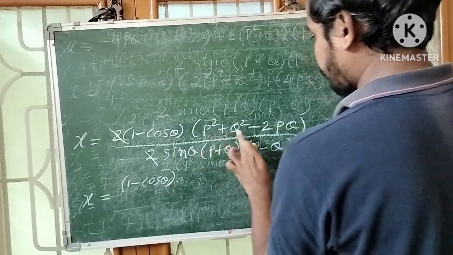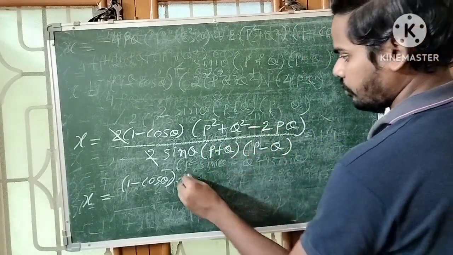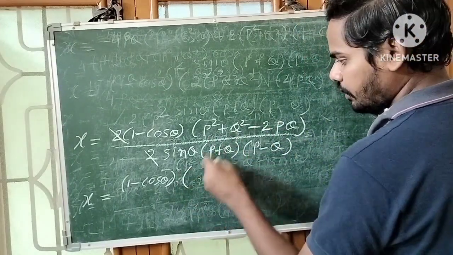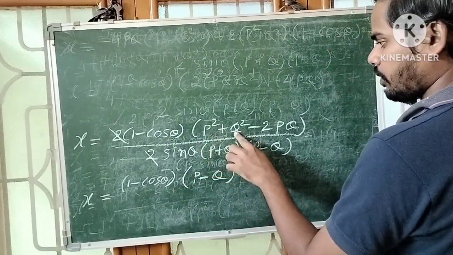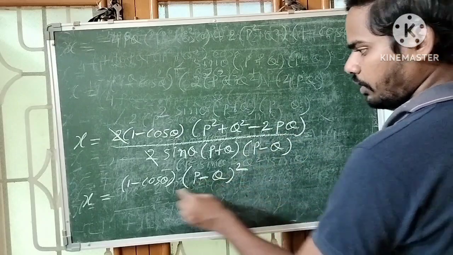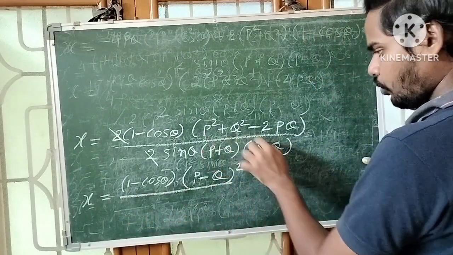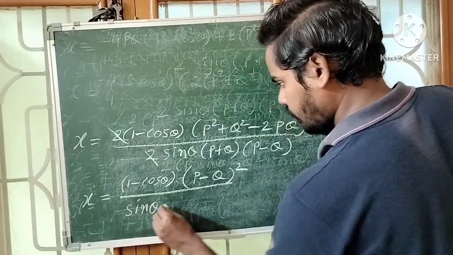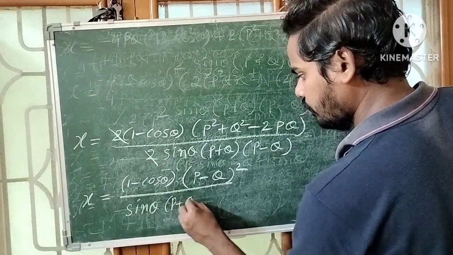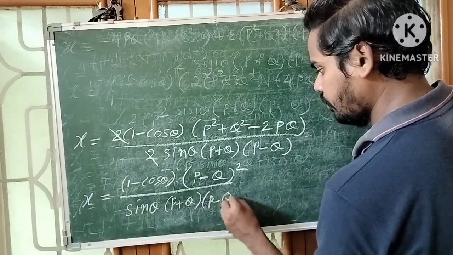into a squared plus b squared minus 2ab. So a minus b whole square identity. So p minus q whole square. So a square plus b square minus 2ab is a minus b whole square. So p minus q whole square over sin theta into p plus q into p minus q.